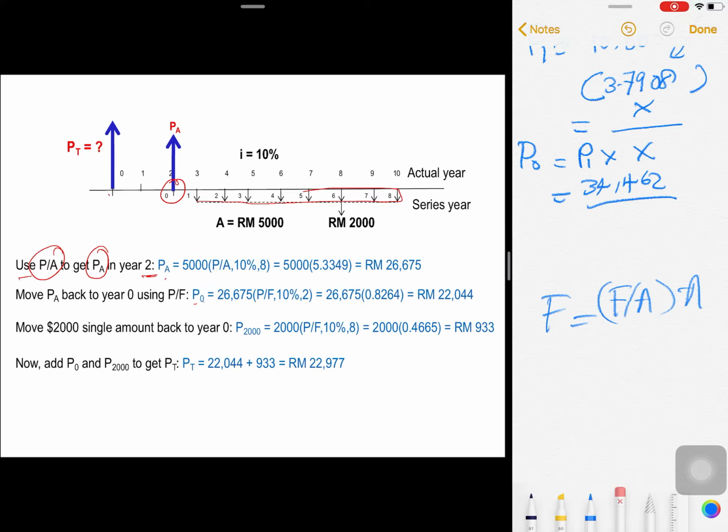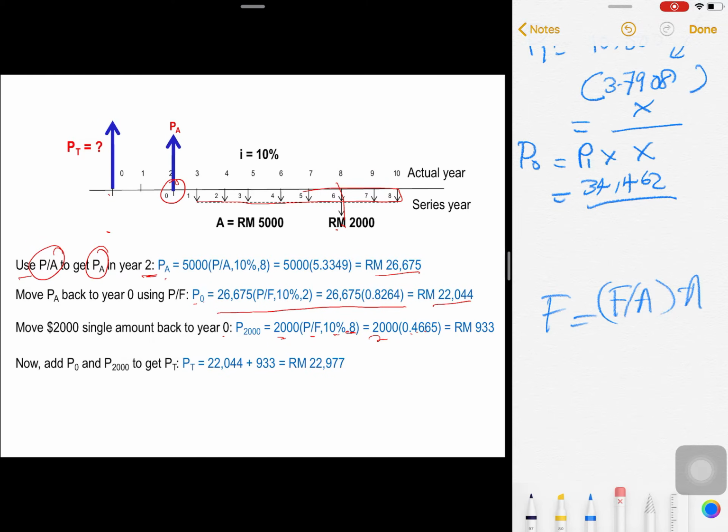Whatever you get here, you multiply with P over F, and you get the value. And then move the single amount back to year 0. For the 2,000 ringgit, you can get the P equivalent at P naught equals to 2,000 times P over F, 10% at n equals to 8.